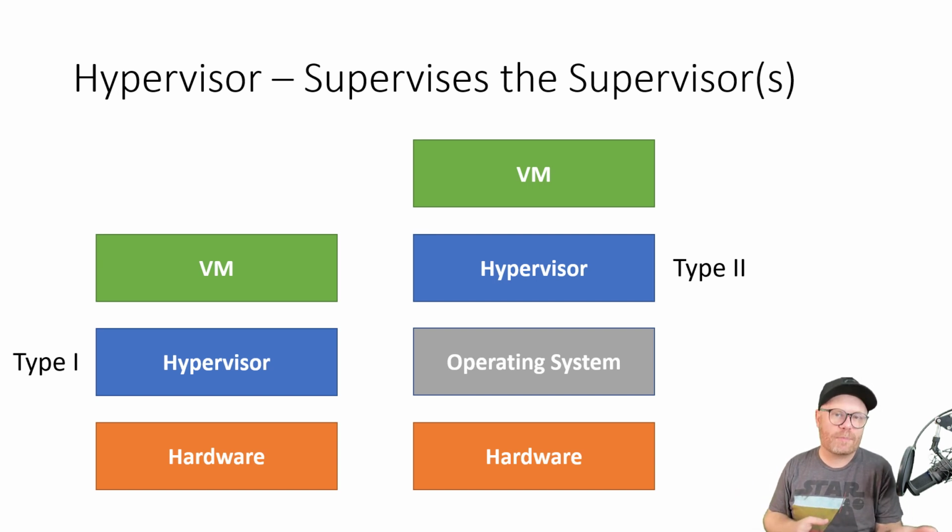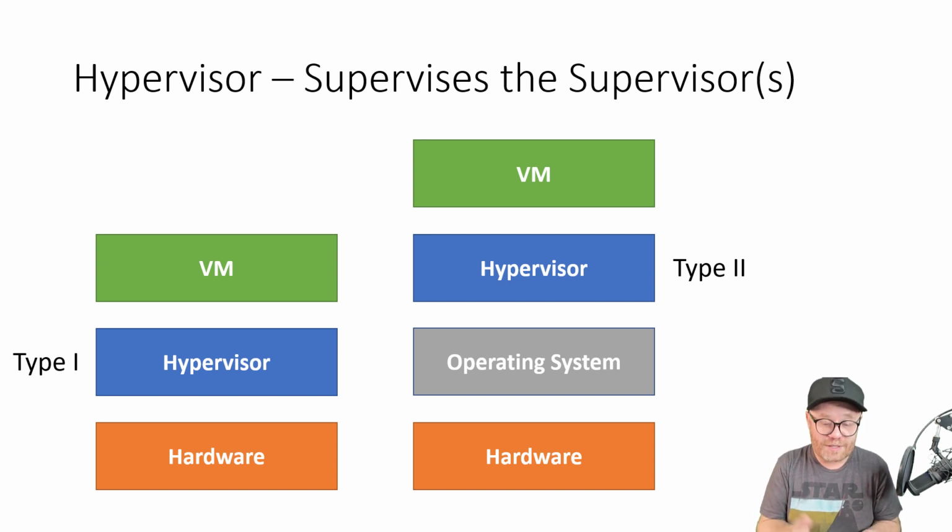Well, that's a hypervisor. That's where it gets its name from. We have a hypervisor which manages the resources and access for the various operating systems running in the virtualized environments, in the virtual machines. We tend to refer to them by two different types.